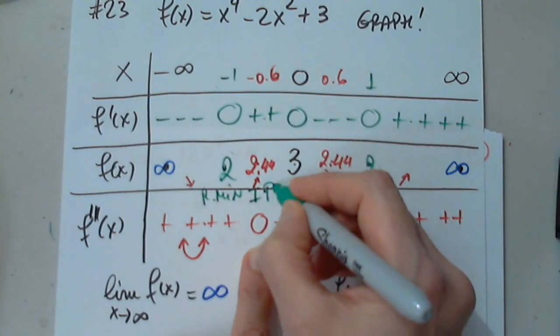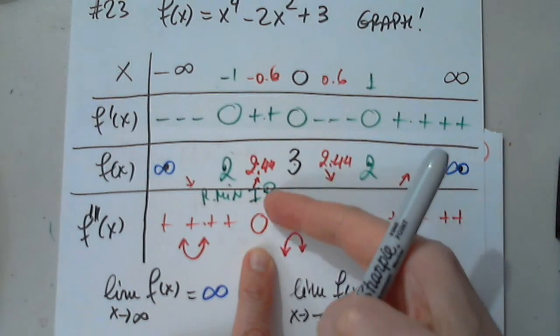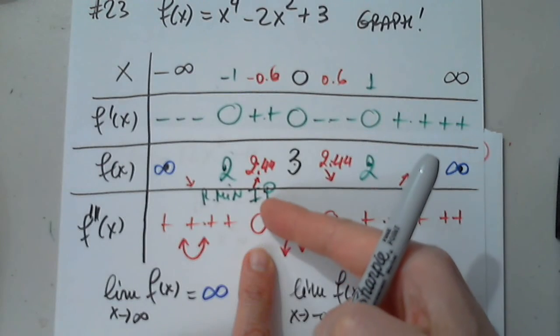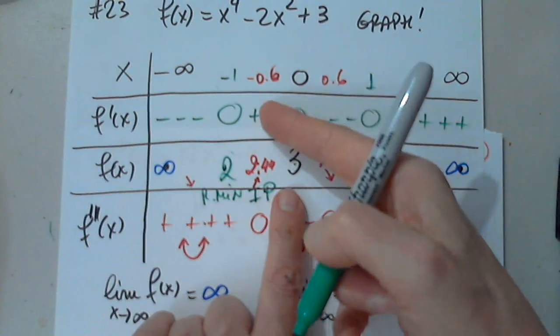A relative max? Inflection point. So when I show the second derivative, this must be an inflection point. When we talk about the first derivative, positive, negative.